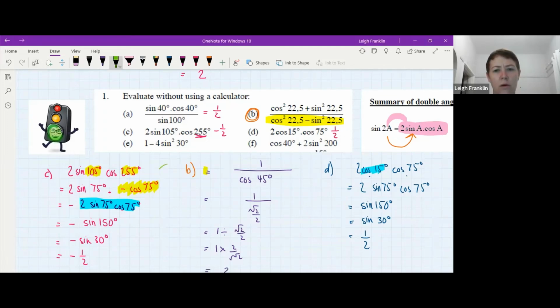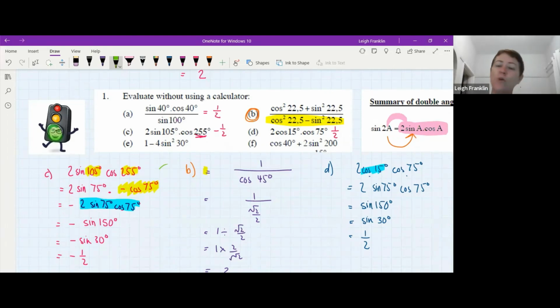Then I realized that sine 40 is 90 minus 50, which equals cos 50. So it switched around, but it had 50 inside. Was that fine? Yes, absolutely. So did you write the sine 40 at the top as cos 50 and the cos 40 at the top as sine 50, and then you would have cancelled? Yes, ma'am. Perfect.